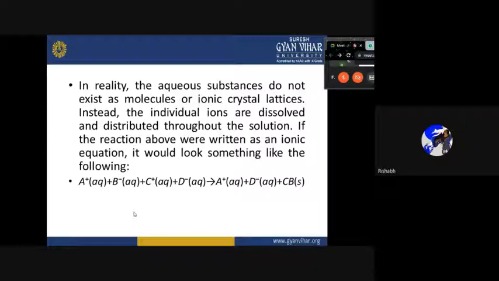But another new product that is formed here is CB, and it is not dissolved. It is being precipitated and collecting at the bottom of the beaker. Okay, so this is how you can write the ionic reaction as the chemical equation.